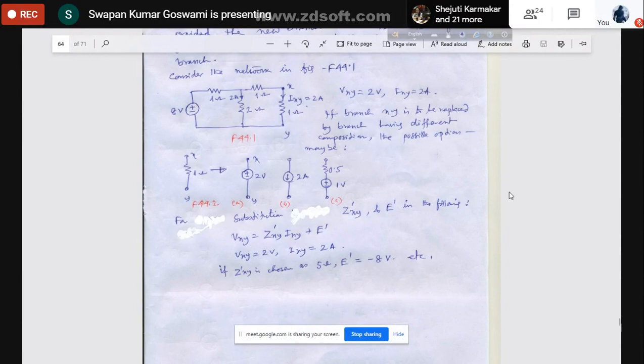The only restriction is that you have to maintain the terminal voltage and current. You cannot deviate from this condition that through this element current is 2 ampere, across this pair of nodes voltage is 2 volts. If this is maintained, then you can represent it by any combination which satisfies this relation. Is it clear?